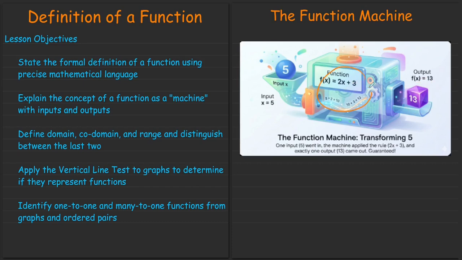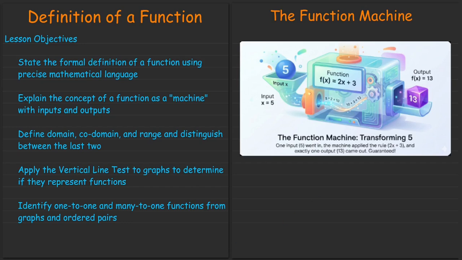Whatever we have in here becomes the rule or set of rules the machine follows. So we put in exactly one input and it gives us exactly one output. As you can see here, we have put in 5 and it is giving us just one output. This is the function machine.